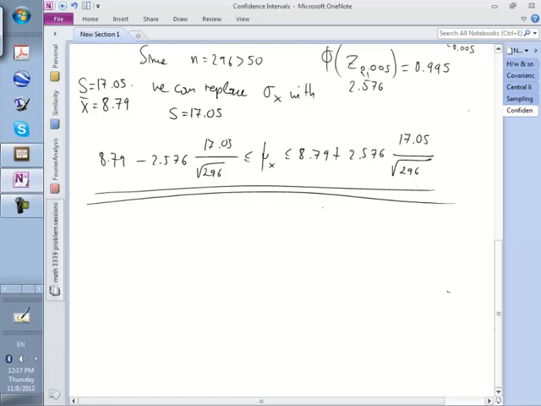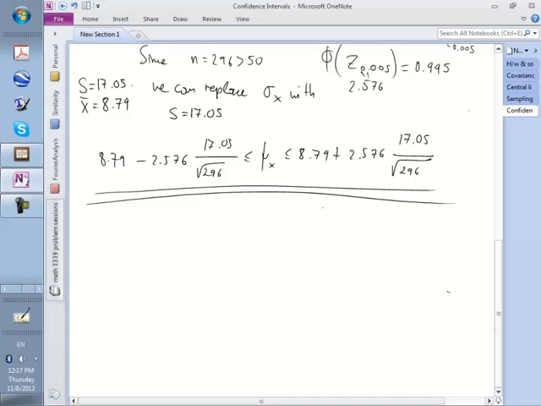I base my conclusions on the fact that I have a fairly big sample. The sample is greater than 30, so I don't need to make any assumptions on the distribution of x. I use the central limit theorem. That's why I don't need to make any assumptions for the distribution of x.